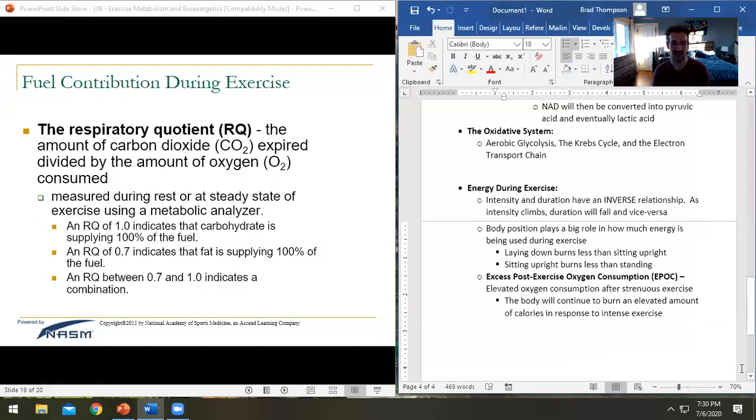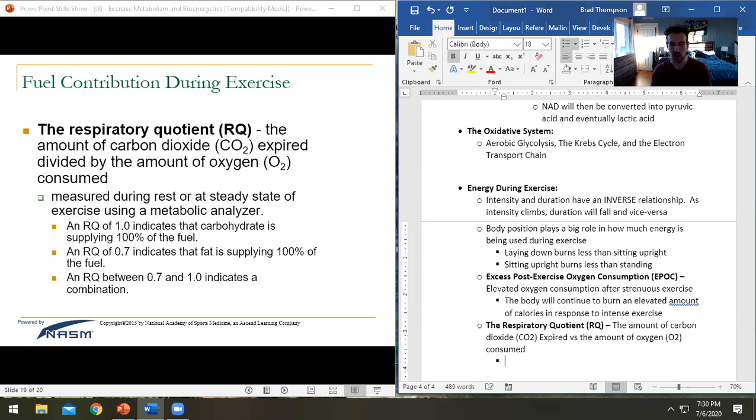All right. And so that does lead us back to, in order to understand EPOC, we kind of got to come all the way back around to that respiratory quotient again, right? The respiratory quotient, or RQ, is the amount of carbon dioxide, CO2, expired versus the amount of oxygen, O2, consumed.